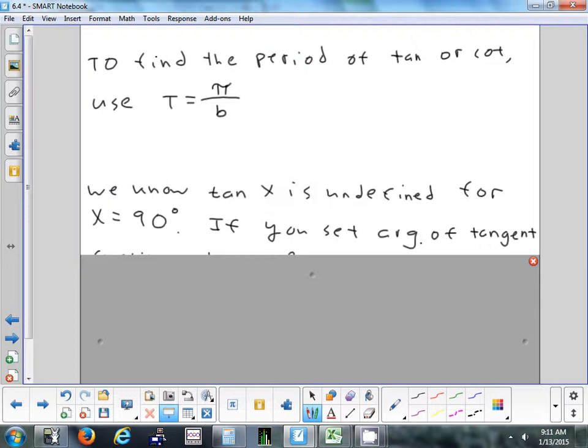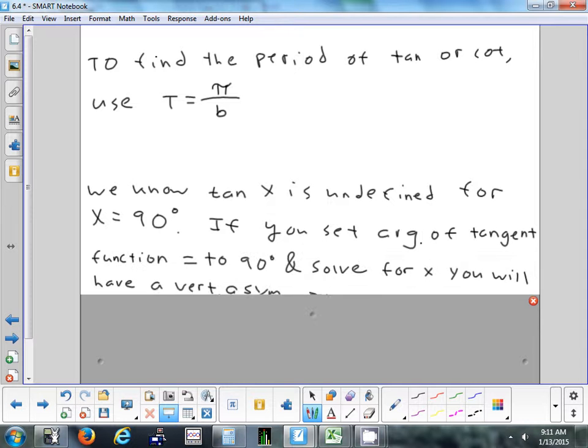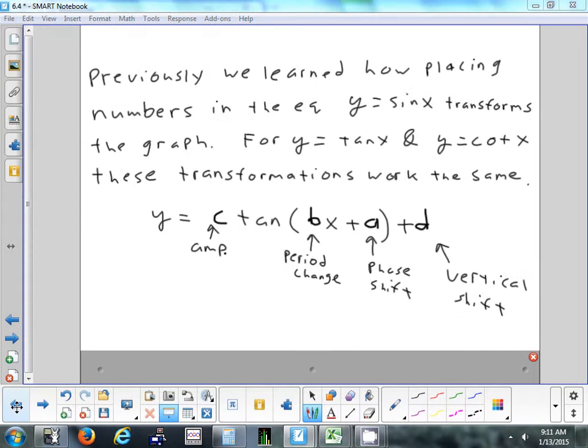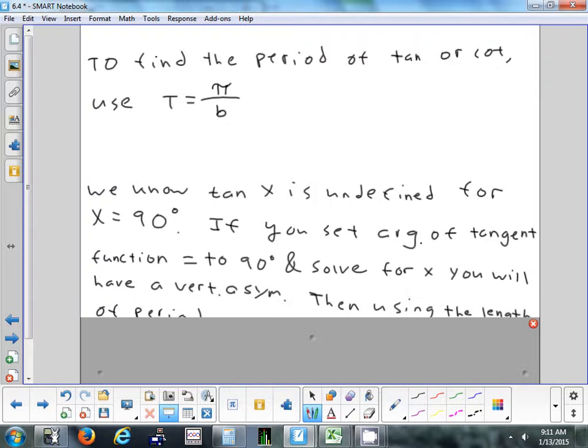Okay, so how do you find one asymptote? Well, you know that tangent is undefined when x is 90 degrees, or pi over 2. So we're going to start with that fact. You're going to take your argument, which is the argument to the tangent function, what's getting plugged into it, and you're going to set that argument equal to 90.